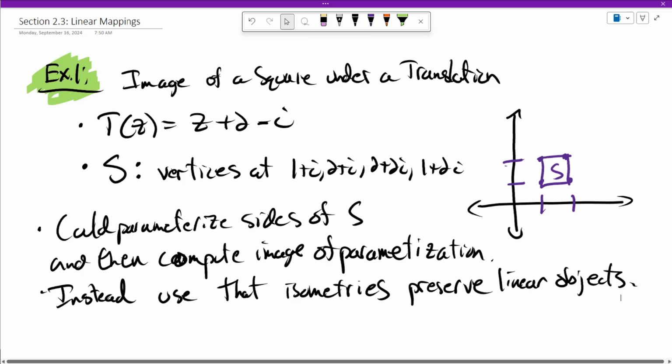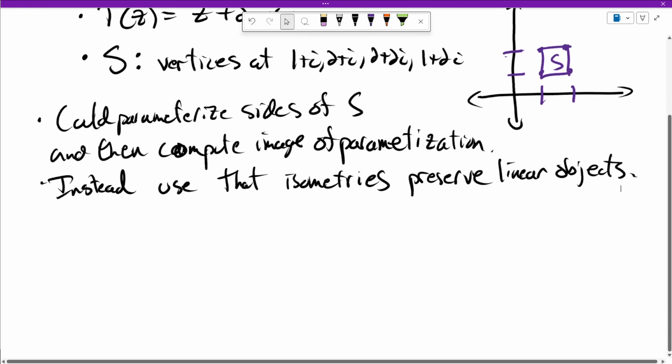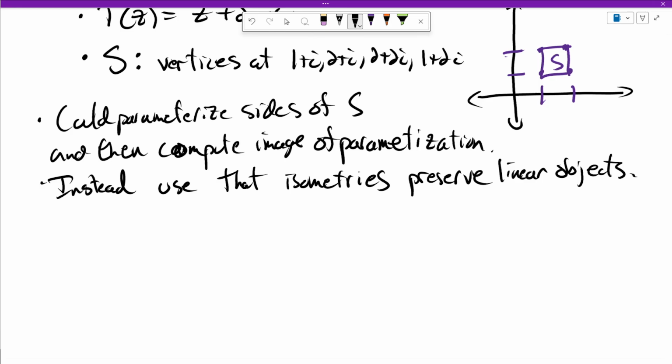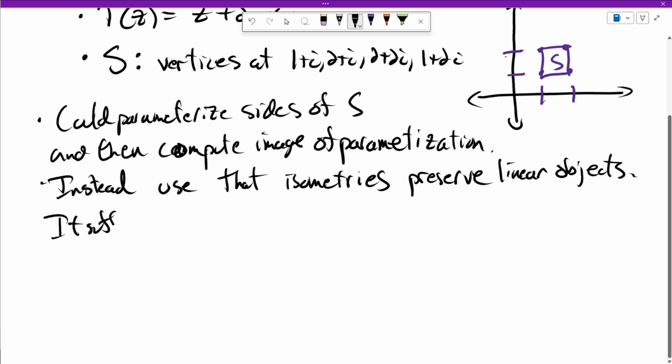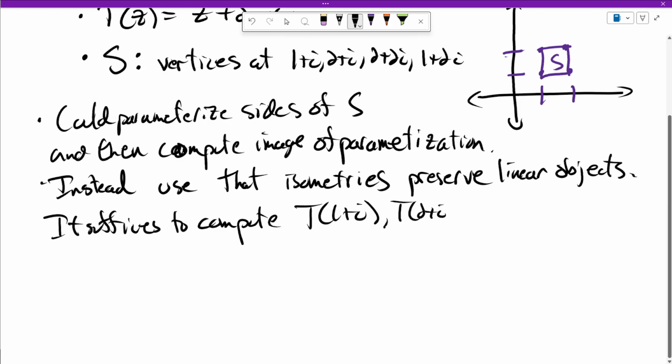We just need to figure out where the vertices of the square go. And then once we know where the vertices go, we just have to connect the dots. So it suffices to compute the image of the vertices, which is T of 1 plus i, T of 2 plus i, T of 2 plus 2i, and T of 1 plus 2i.